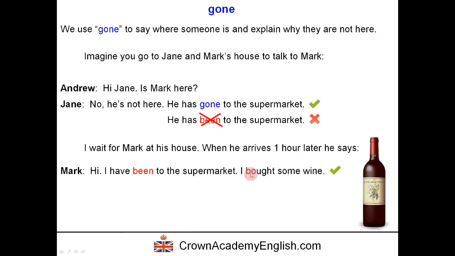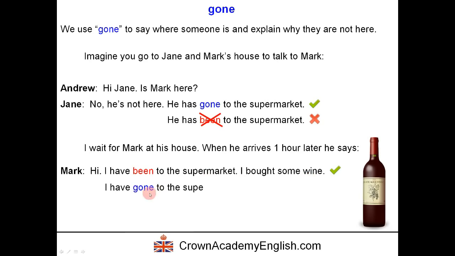So now, Mark can use I have been, because his visit to the supermarket is now complete. It's finished. So Mark in his head is saying, I have travelled to the supermarket and that visit is now finished. I am now here. So he says, I have been to the supermarket. I bought some wine. Okay?